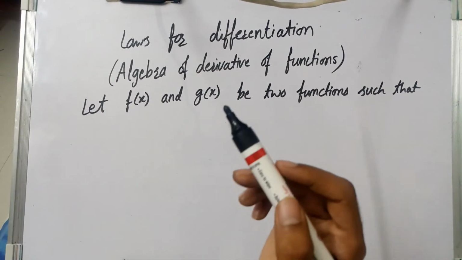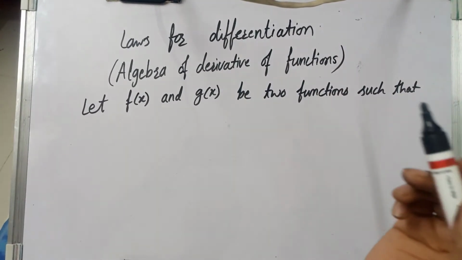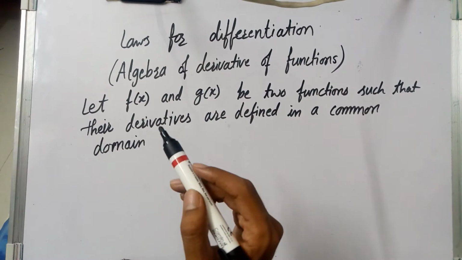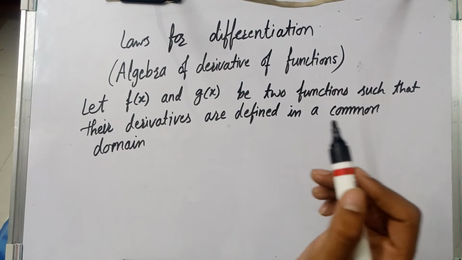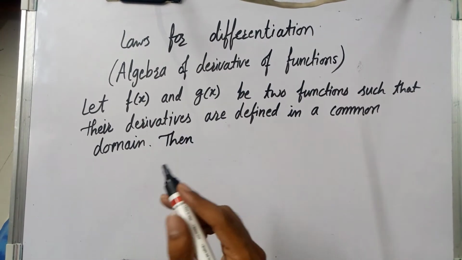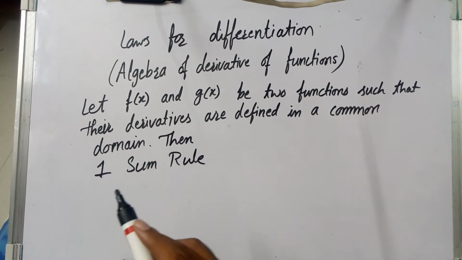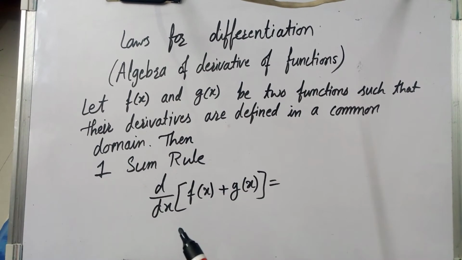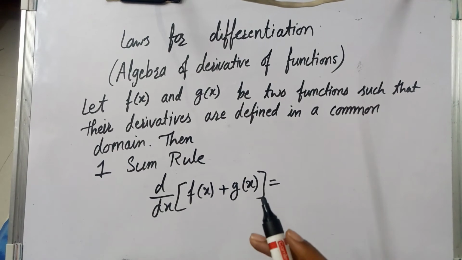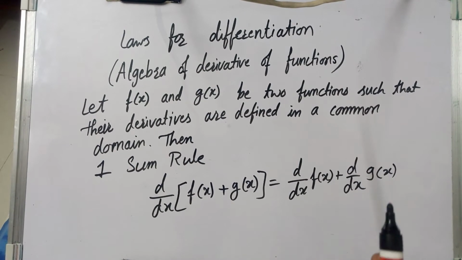Let f(x) and g(x) be two functions such that their derivatives are defined in a common domain. Then, first, sum rule, derivative of f(x) plus g(x) is derivative of f(x) plus derivative of g(x).